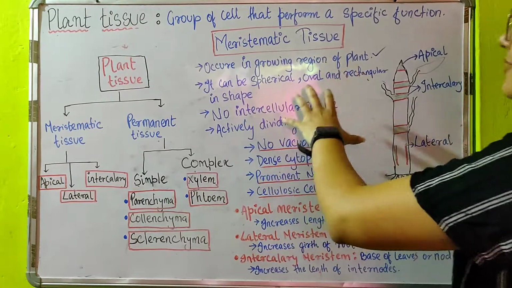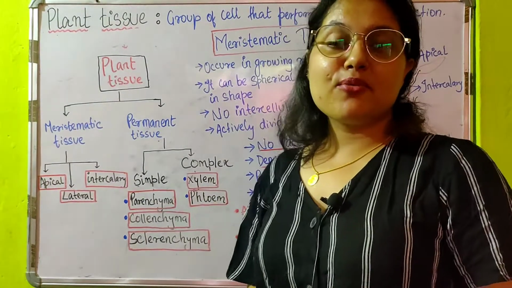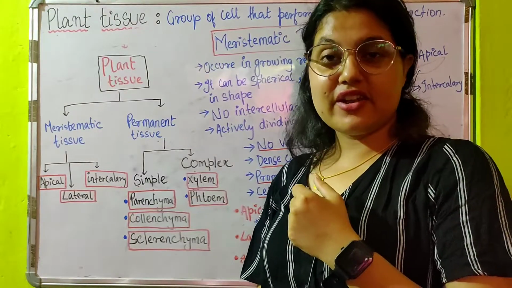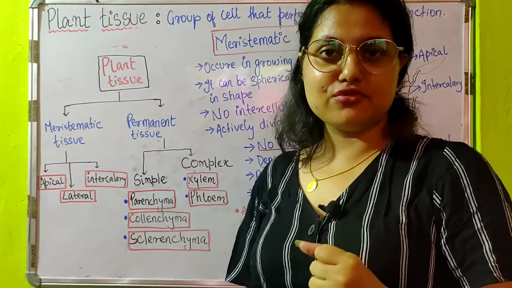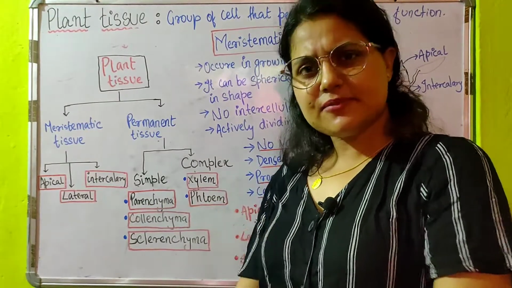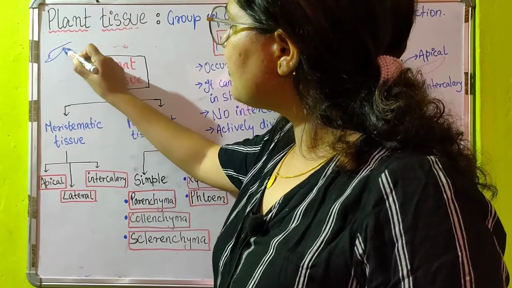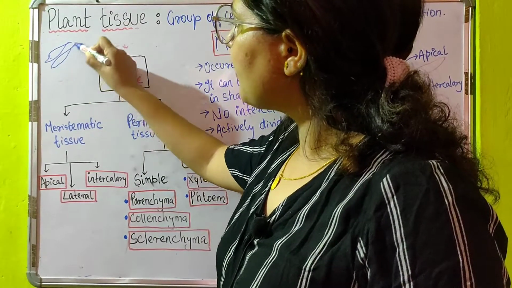It can be spherical, oval or rectangular in shape. When we talk about certain kinds of tissues, the cells making those tissues have a specific shape, isn't it? For example, you have studied the muscle tissue, they have this kind of shape, right?